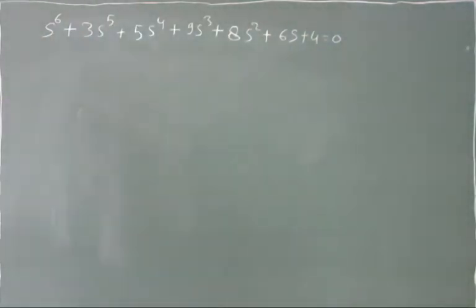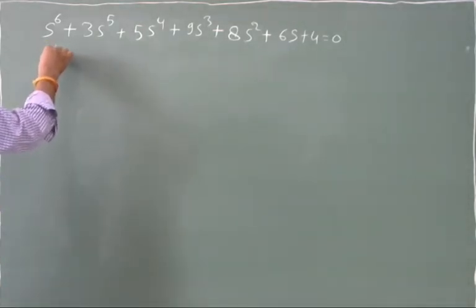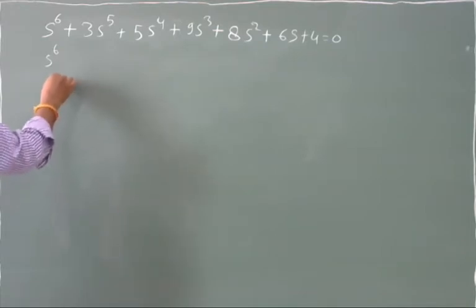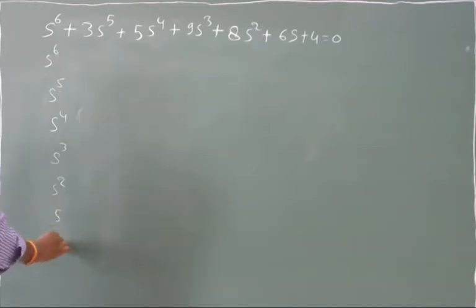This is the characteristic equation to test whether the system is stable or not, right? So, to test the stability of the system, make a Routh table: 6, 5, 4, 3, 2, 1, 1.